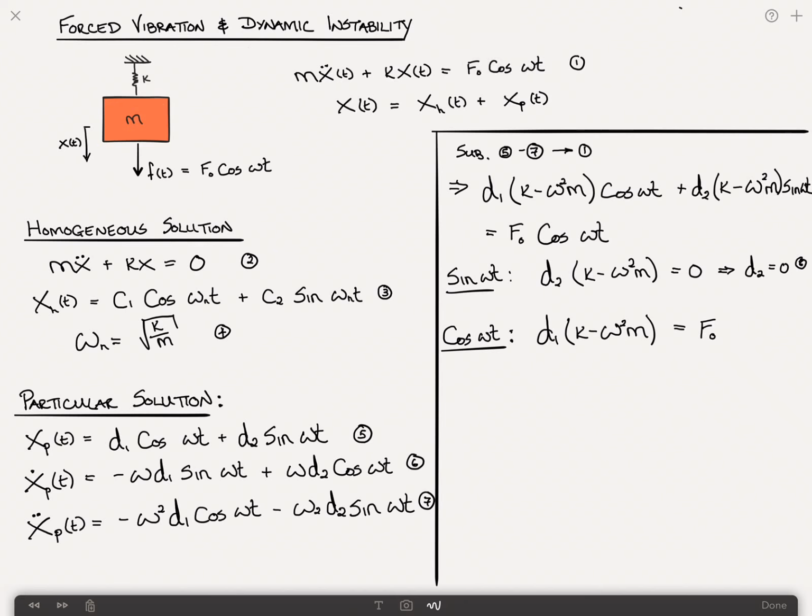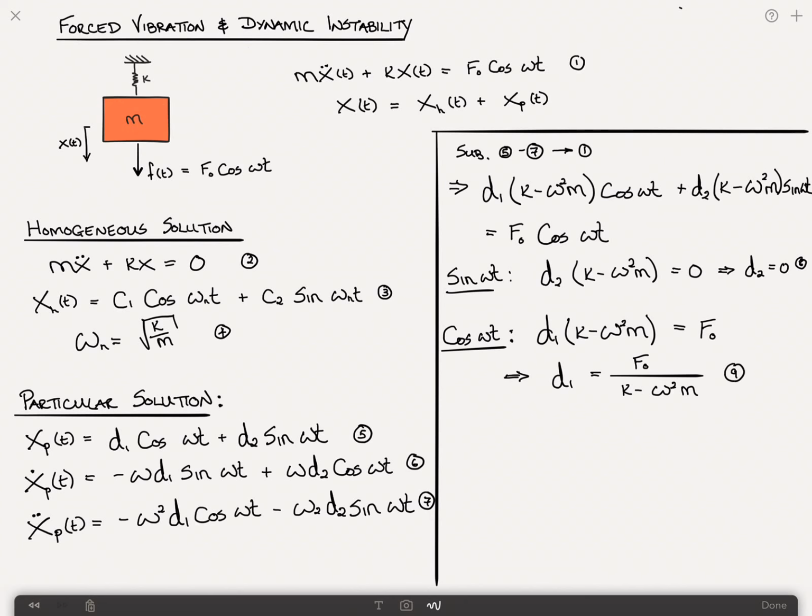Coefficient is f sub 0, therefore the coefficients of the corresponding terms on the left and the right must be the same. That's what that's telling us. All right, so this implies that d1 is equal to f sub 0 divided by (k minus omega squared m). That is equation 9.